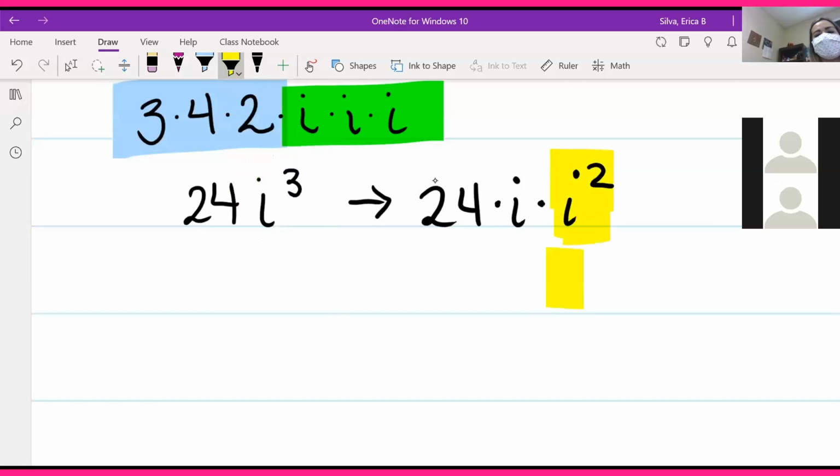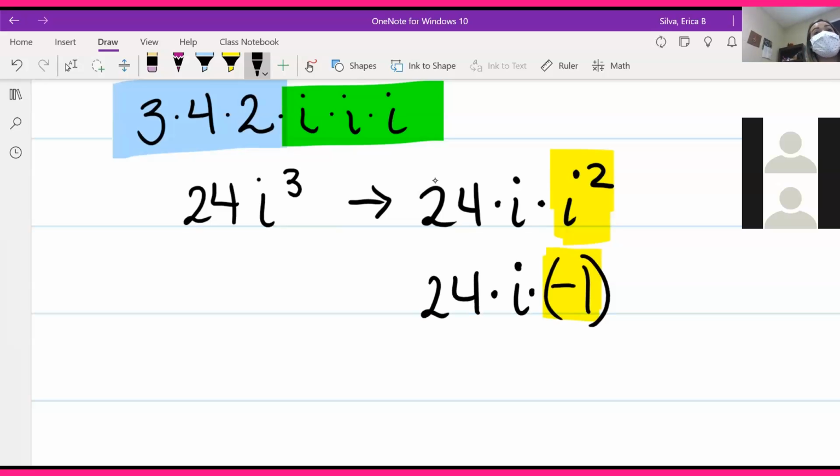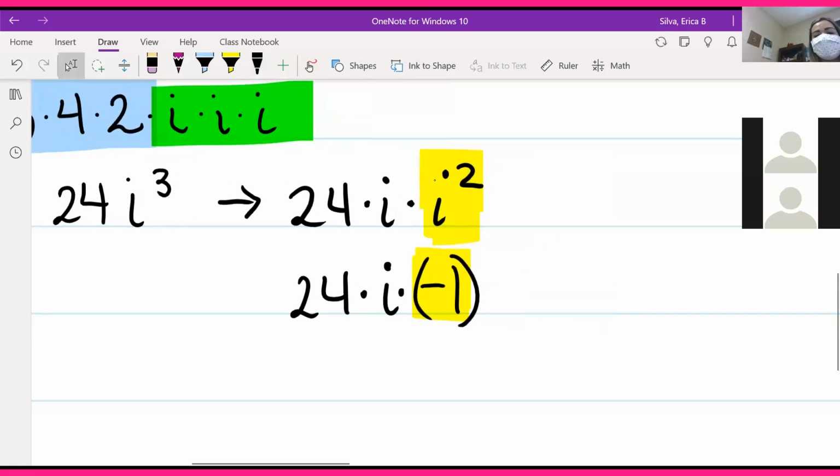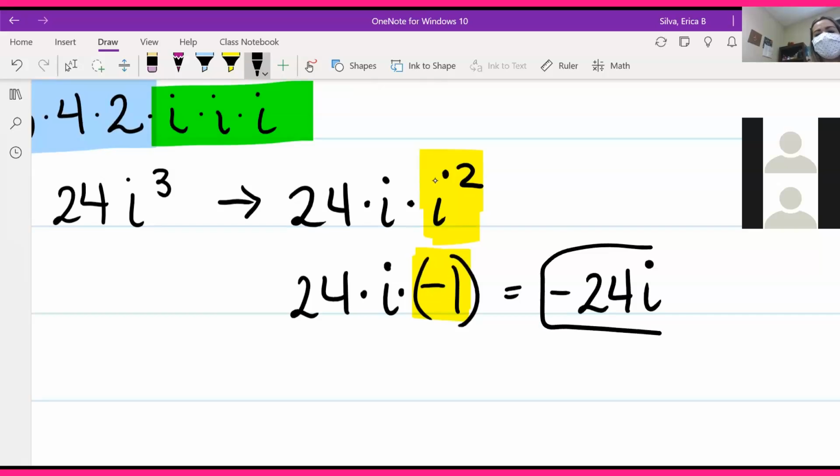What does i squared change to? -1, right? So we've got 24 times i times -1, which gives us -24i.